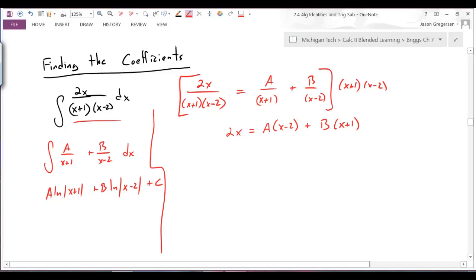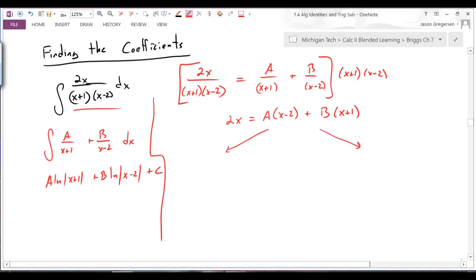And now from this point, we have two different choices for solving this. Kind of a formal process, and then a shortcut, down and dirty process. So first we're going to go through the formal process. The formal process says blow this thing up: distribute A, distribute B, and then regroup it to look like a polynomial. I have x terms, I have constant terms.